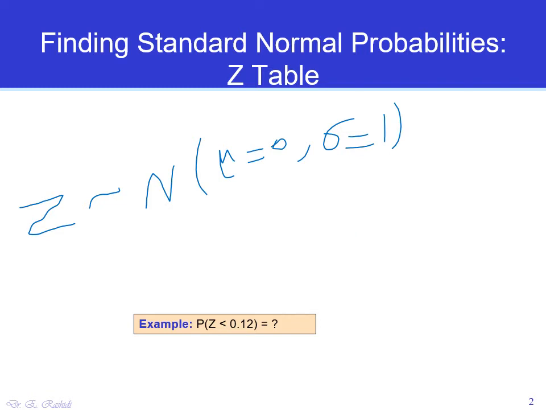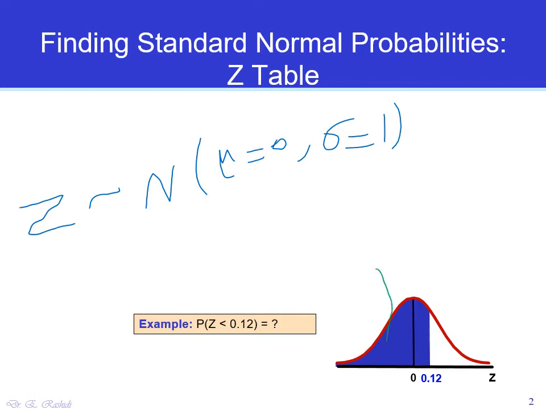So if we want to find the probability that z is less than 0.12, we have to find the shaded area here, which is the equivalent of the integral. This dark blue area would be equal to this probability. But how can we find this area?